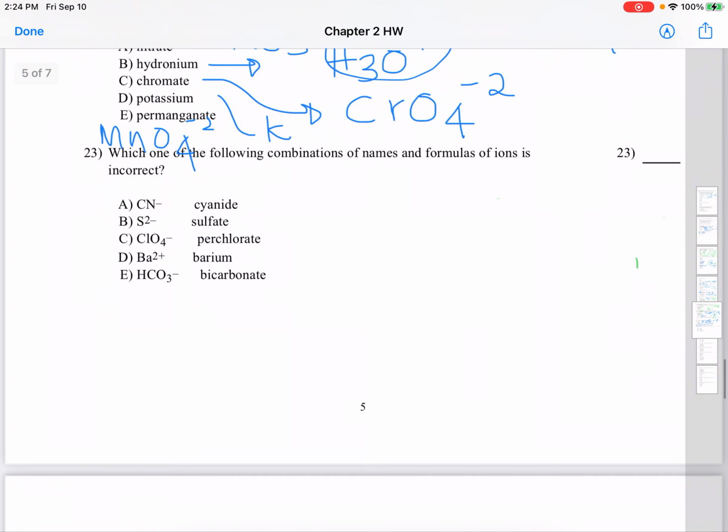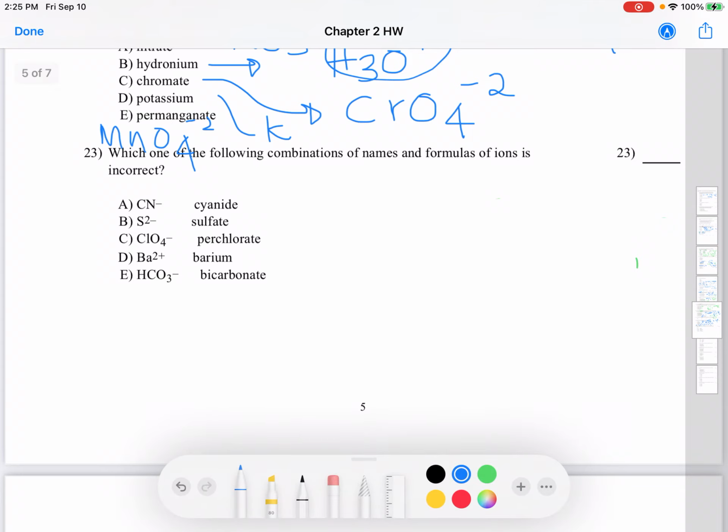Okay, which of the following combinations of names and formula of ions is incorrect? The incorrect one. So cyanide is CN minus. Sulfate, perchlorate, barium, bicarbonate.